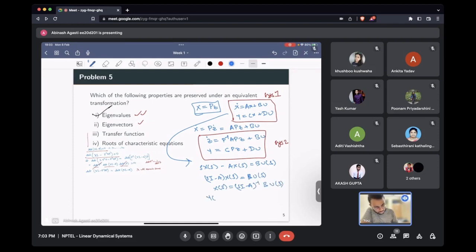So now Y(s) is C X(s) plus D U(s). This means this is [C (sI minus A) inverse B plus D] into U(s). So this term is the transfer function.